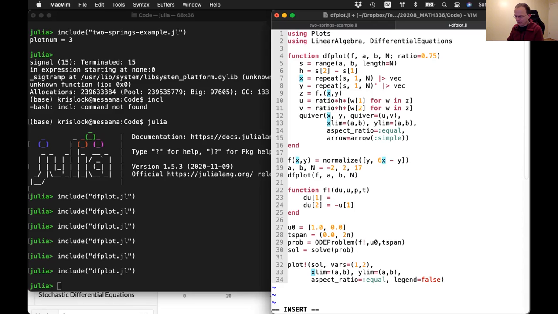So here I have x prime is equal to y. Actually, that's going to stay the same, and then it's just this one that changes. This will be equal to 6x minus y. And the initial condition is 1 and 2.